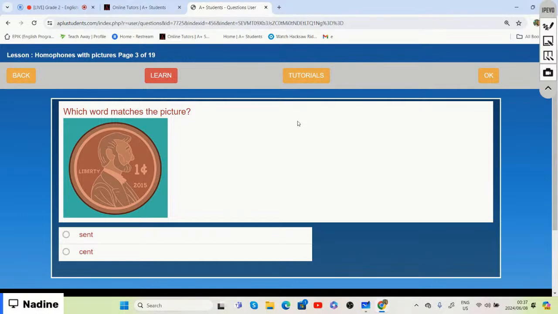And if we look at cent or scent, like a cent is 50 cents, 10 cents.